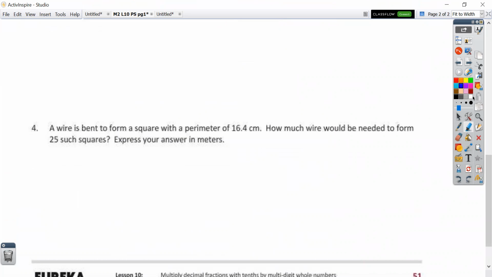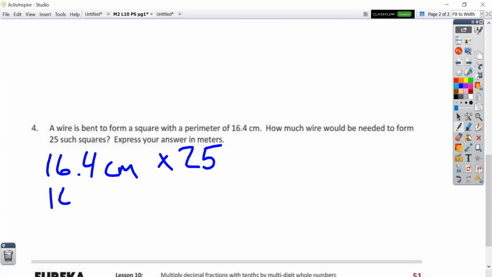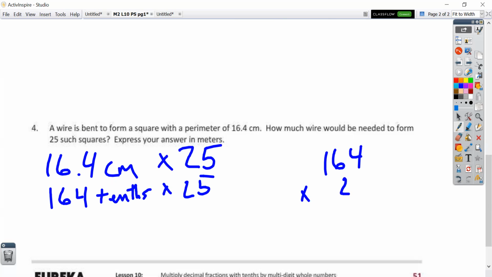Well, we know the perimeter of 1, and we need that for 25 other squares. So we're making 25 copies. So the expression will be 16.4 centimeters times 25. Or if we converted this to our unit form, it's 164 tenths times 25, which we can do simply, just make sure that we write that it's tenths.